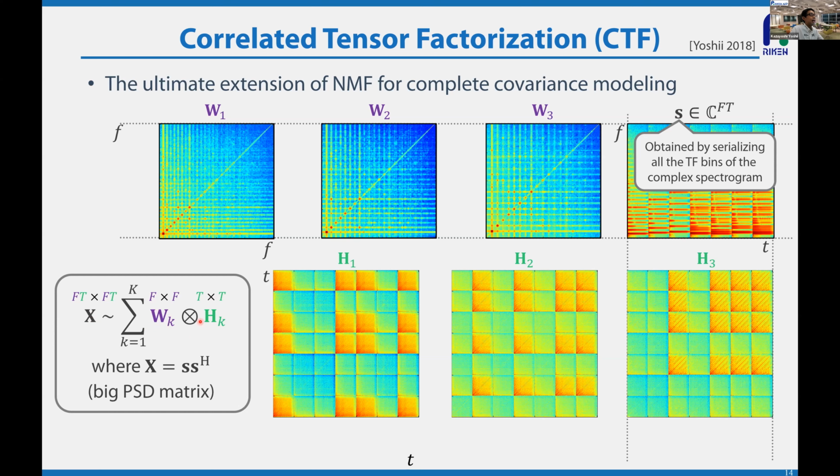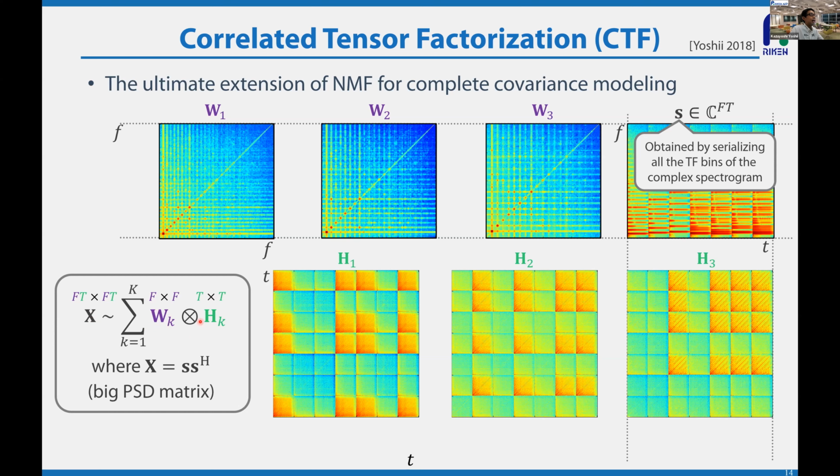Okay, so this is a key idea. We extend the idea of fast CTF to the multi-channel scenario. As in the fast CTF model, we can transform the frequency axis by using this transform matrix P, and we can transform the time axis by using this time transform matrix R. Also, we can transform the channel axis by using a set of spatial transform matrices.